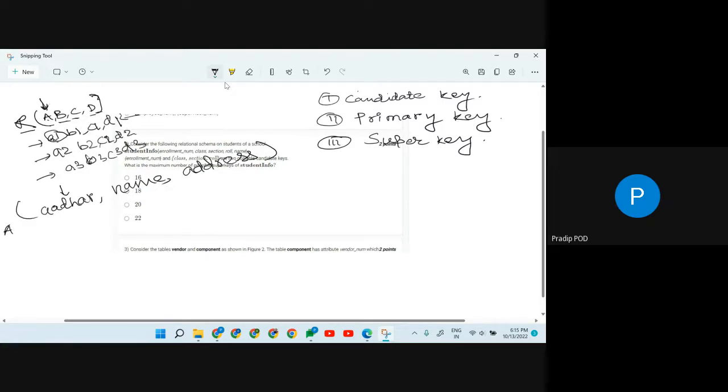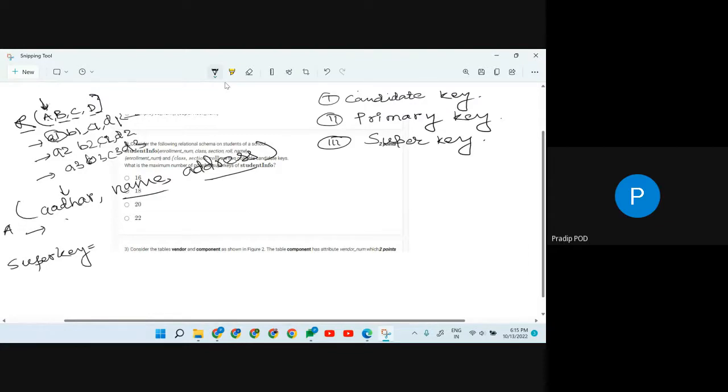If I take Aadhaar, then I can tell your name and the address also. So you can call this a super key. Aadhaar is your super key because Aadhaar is able to identify each tuple or each value in a row.